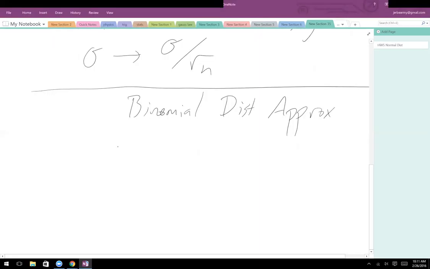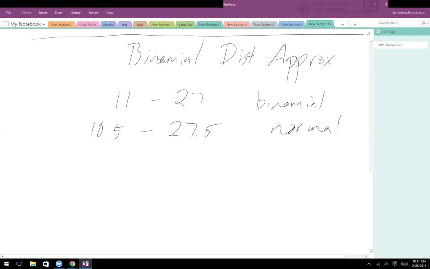So if I want to go from 11 to 27 with the binomial, I'd go from 10.5 to 27.5 with the normal. And once you do that, all you have to remember is that the mean for a binomial is np, and the standard deviation is the square root of npq. And then you do it just like we did the ones at the very beginning.